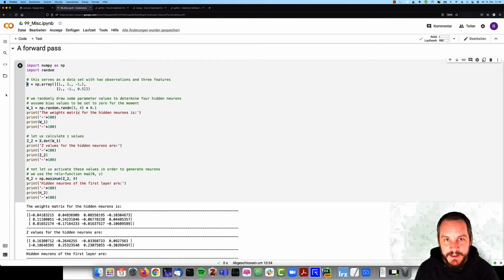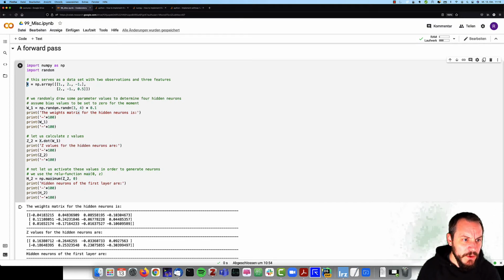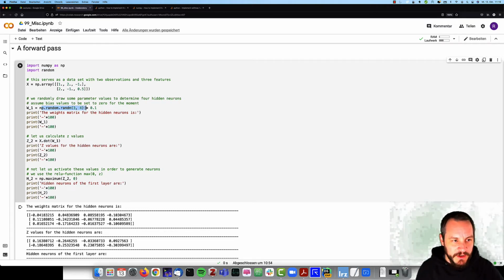And here again, the 2 stands for each observation, so 1 is the first, 2 is the second. And the 4 columns are the realizations of the hidden neurons. So we just sample any random values for the weights here. Don't care about calibration or estimation or anything else.